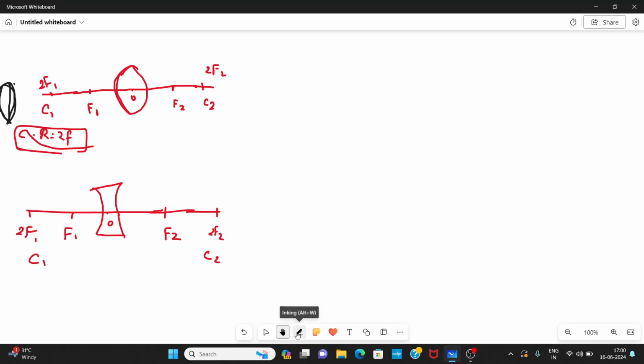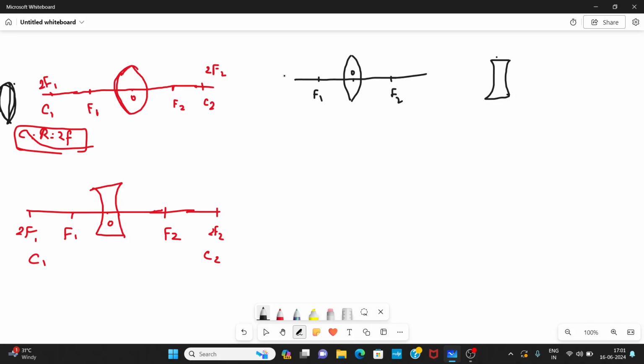Same like your mirrors, your lens also has some laws, some patterns in which the refraction takes place. So consider a convex lens and a concave lens. This is your optic center, f1, f2, c1 and c2.